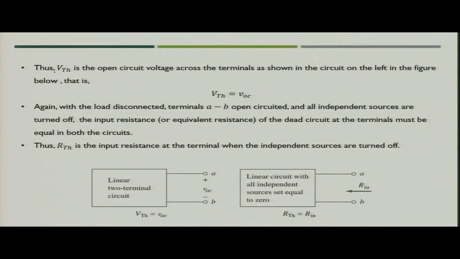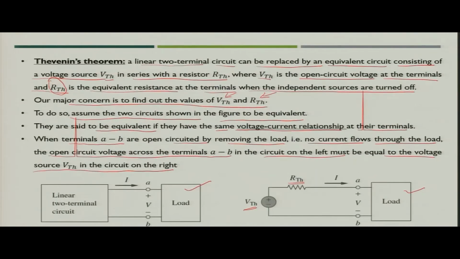How? Because VTH is the open circuit voltage across the terminals. When you remove the load, you will see some voltage, let us say it is VOC. Similarly, for the Thevenin equivalent, if you remove the load, you will again get the value VOC, and these two VOCs are the same because this VOC would be nothing but VTH, because when it is open circuited, there would be no current flowing in this particular segment.